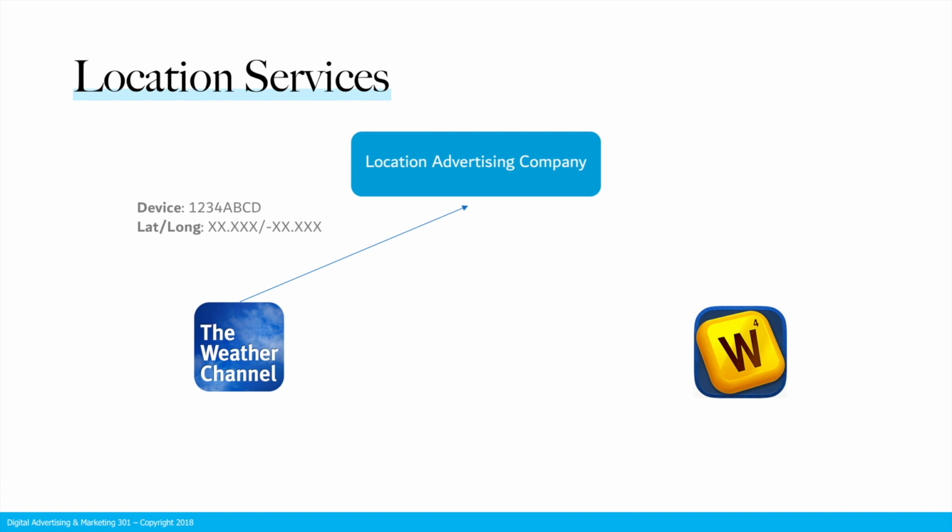That advertising company would then look for that device in that location on other apps and say, hey, I see that device is using Words with Friends, and I know from the Weather Channel that they are currently in this location, and I'm going to serve them a Starbucks ad because Starbucks is trying to target somebody who is in that location. So that's why apps will continue to collect your information in the background, even if you're not using it, and they can use that information to serve you ads in apps outside of that particular app that is collecting your data.